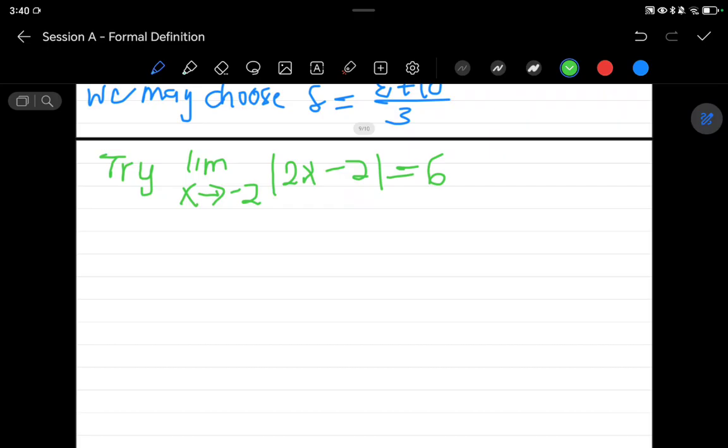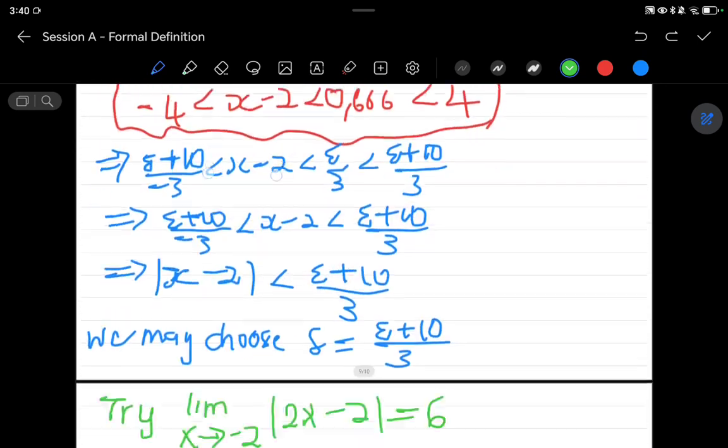You should try this. Then also try the limit as x approaches. No, it's fine. You can try that. This was number what?